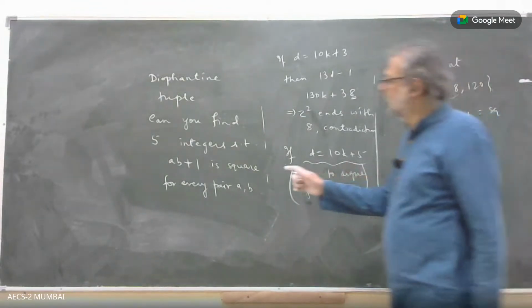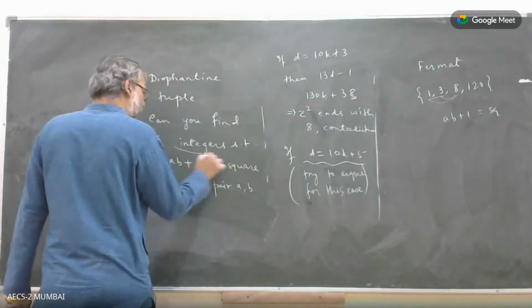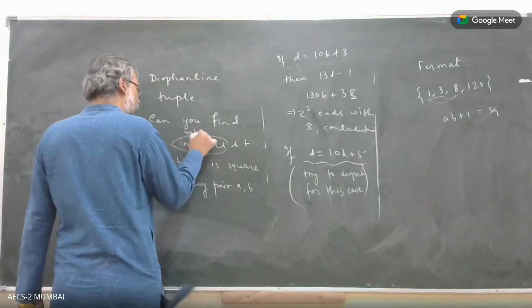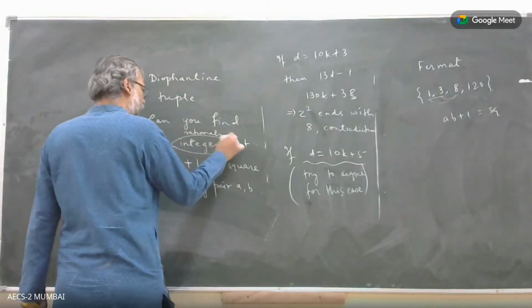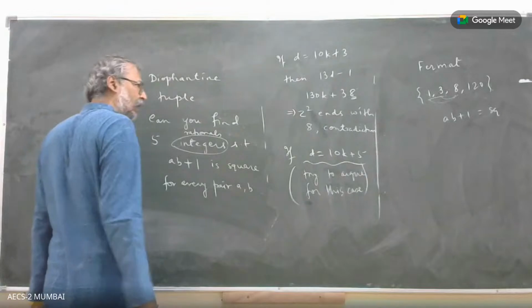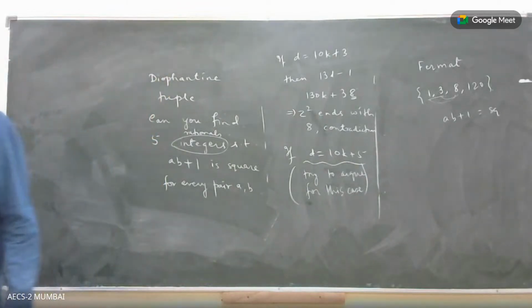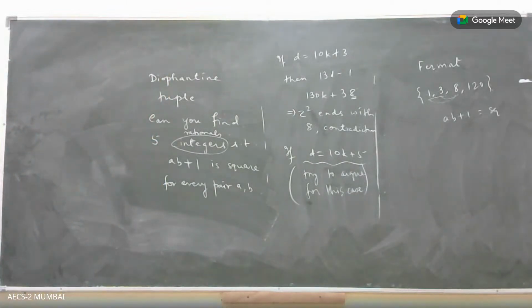In fact, if you replace integers by fractions, rationals, then five is possible. Let me give one such example.